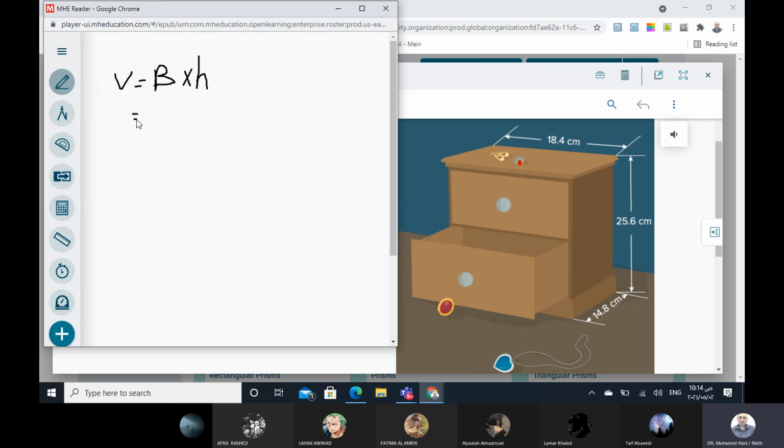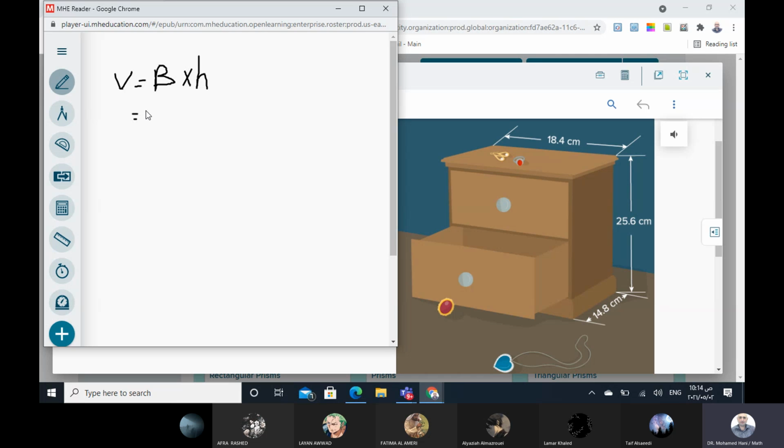Substitution. So the base, this is the base down like this. How to find the area of the base? The type of this polygon is a rectangle. So to find the area of the rectangle, multiply length times width. So the length will be what here? 18.4.